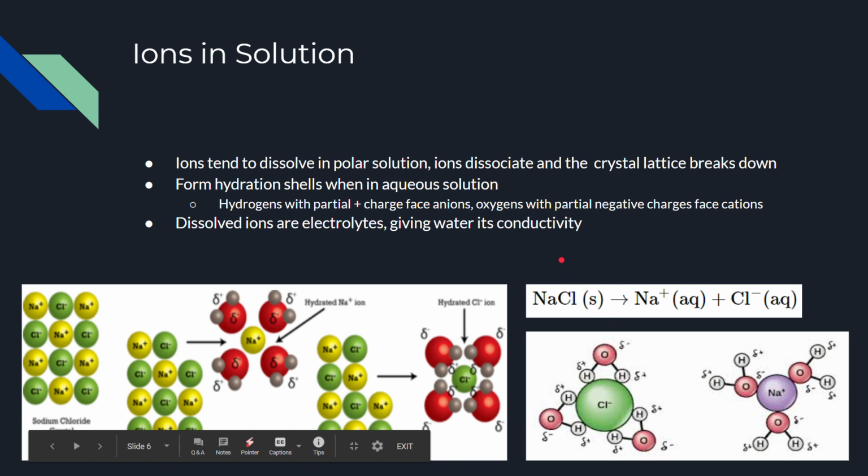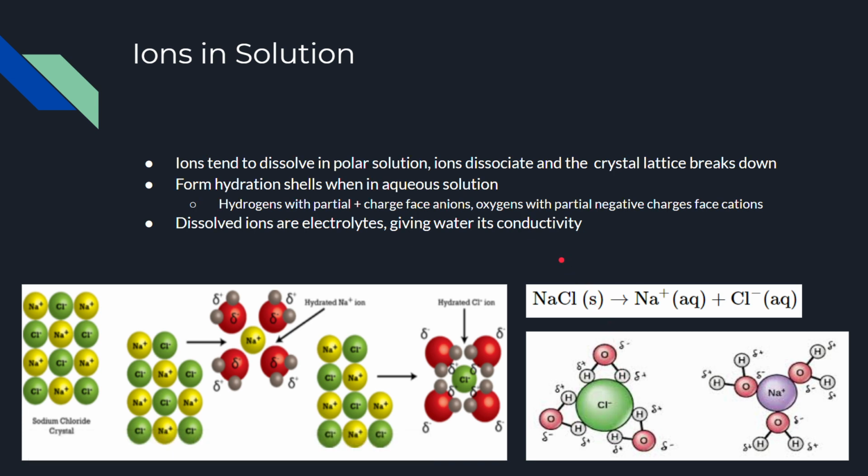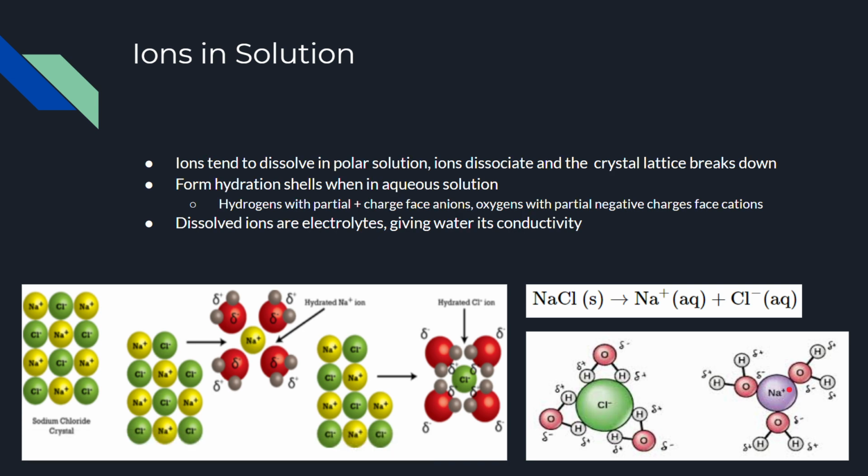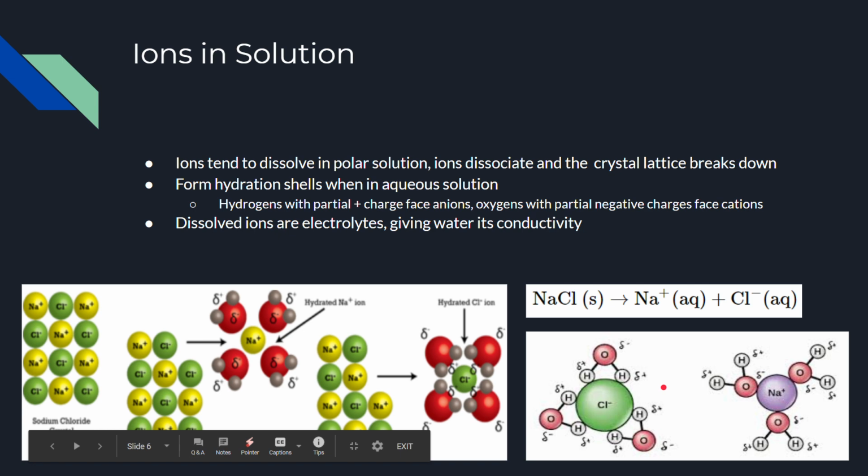Hydrogens with the partial positive will face the anions. You can see the hydrogens are partially positive, and they attract the opposite, the chloride. But oxygen is electronegative, and it's going to attract the sodium ions, which are positively charged. So these dissolved ions are called electrolytes, which gives water its conductivity.